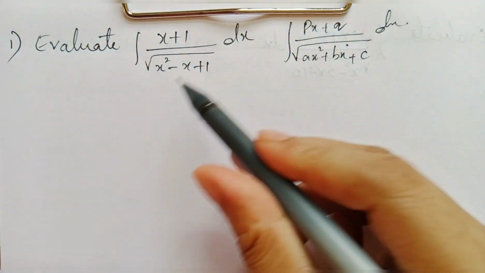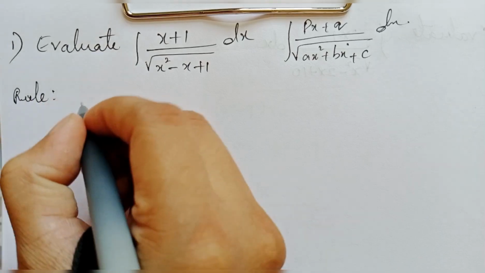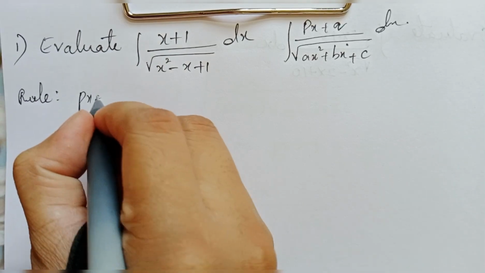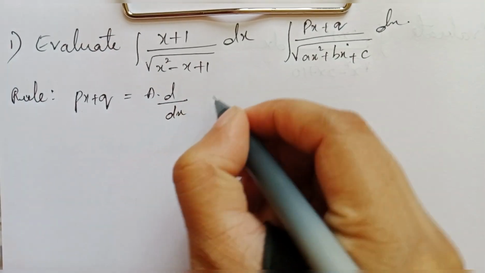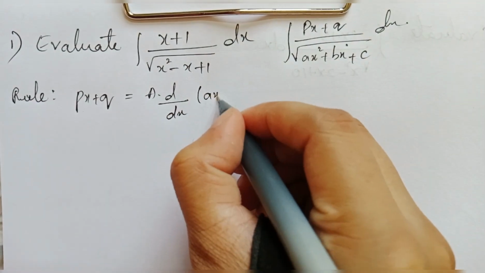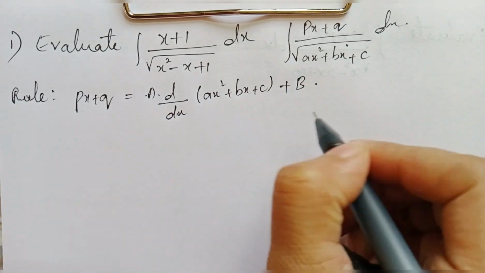Any function in this form can be written by the rule that px plus q equals a into d by dx of the quadratic function ax square plus bx plus c, plus b. You have to remember this.